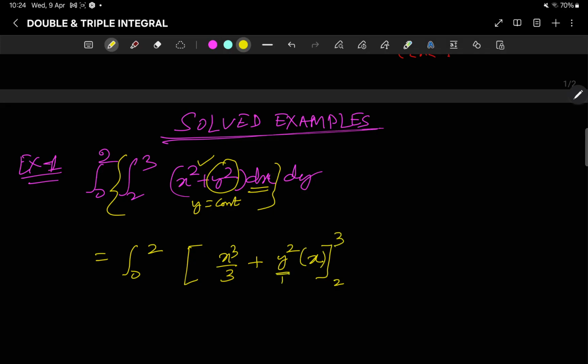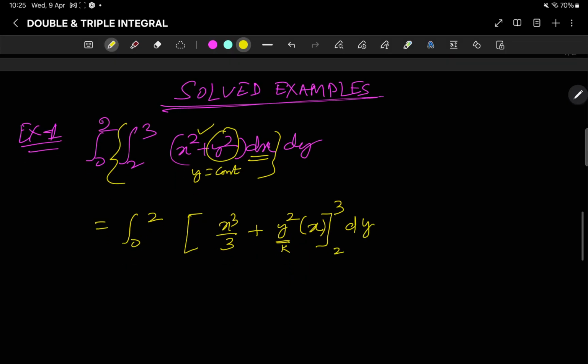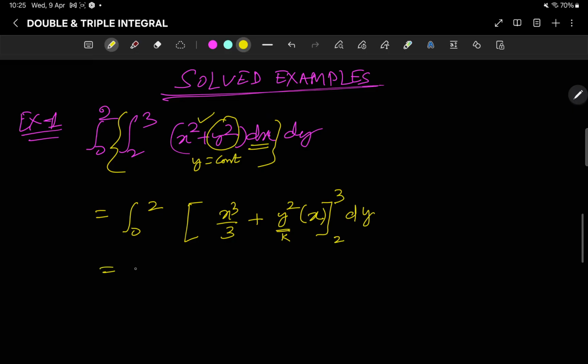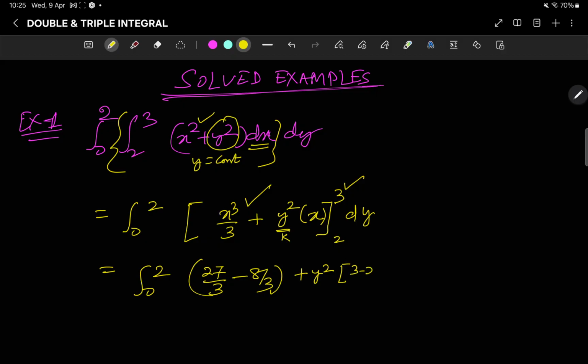Now it is a function of y. If you evaluate it, substituting this, we get integral 0 to 2, 3 to the power 3, 27 by 3 minus 8 by 3, plus y square remains constant, and the value of x is 3 minus 2.